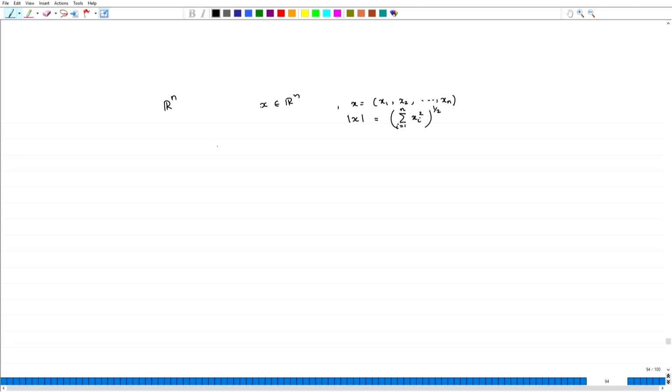So, if we take the index alpha, which is equal to alpha 1 to alpha n, where alpha i belongs to the natural numbers union 0, non-negative integers, for i equal to 1 to n, then for x to the power alpha we will denote the notation x1 to the power alpha 1, x2 to the power alpha 2, and xn to the power alpha n.